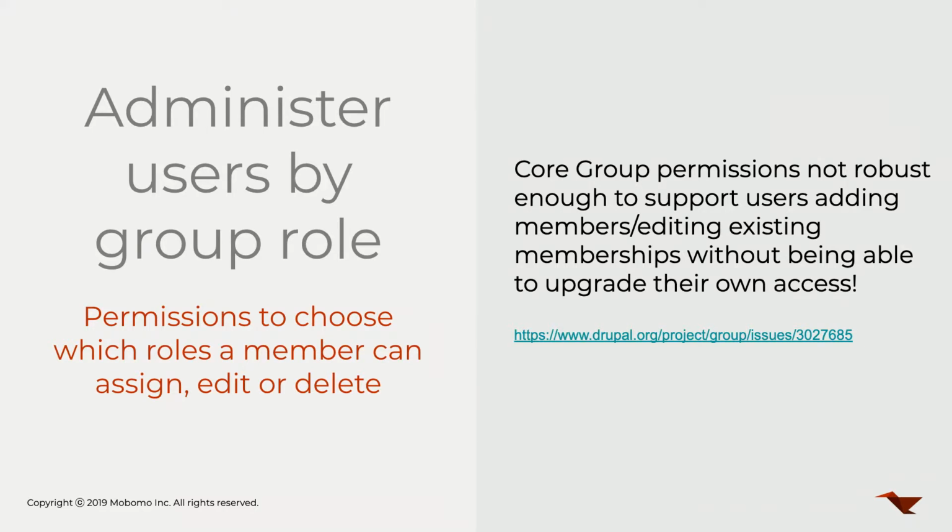So I can edit my own membership, not my user account. Remember, you're talking about the intermediate relationship, group membership. I can edit, and I can give myself admin privileges to the group. So this one was really important to get right for security reasons, obviously.